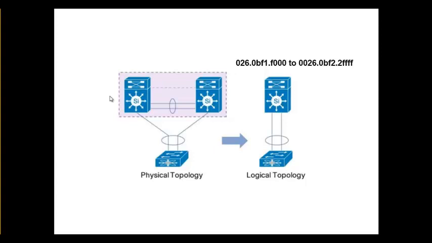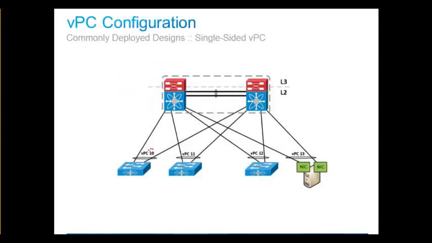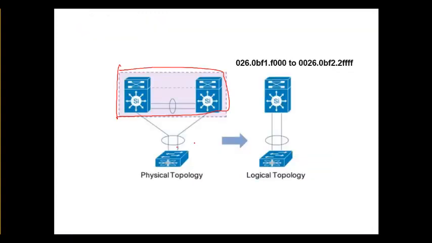What is domain ID? Actually, we will configure a number. When we form these two as one group, we will provide a number. You can see that here 10 is that number, 11 is the number, 12 is the number, 13 is the number. So we provide that number, domain ID 10.